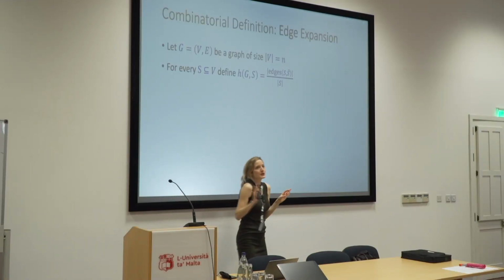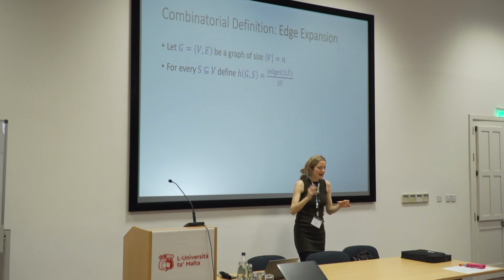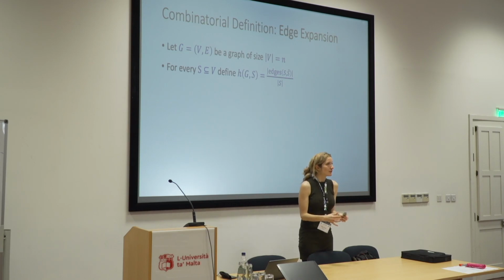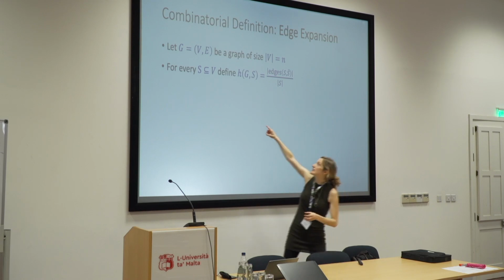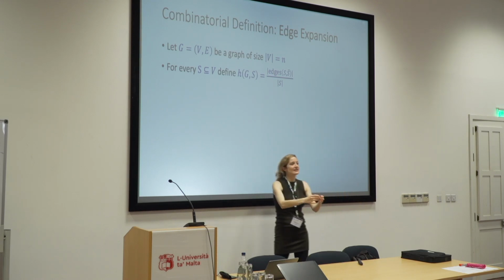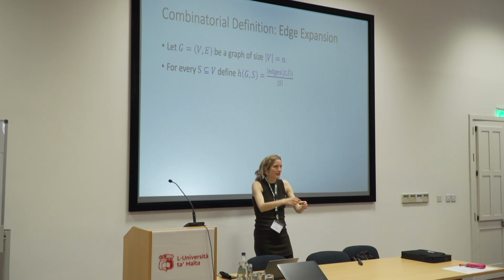So here's the first thing. If I have a D-regular graph, and I'm looking at a subset of vertices S, I actually know exactly how many edges those vertices have in total.